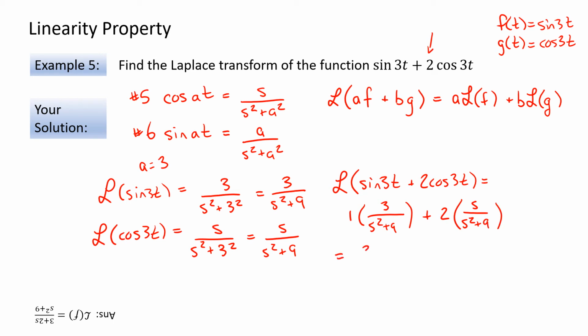Multiplying this out, we get 3 over s squared plus 9, plus 2 times s over s squared plus 9.